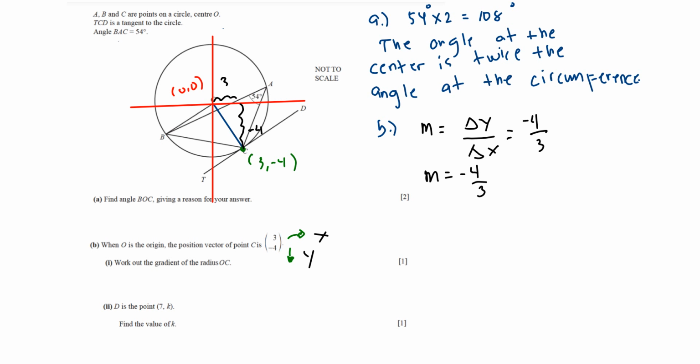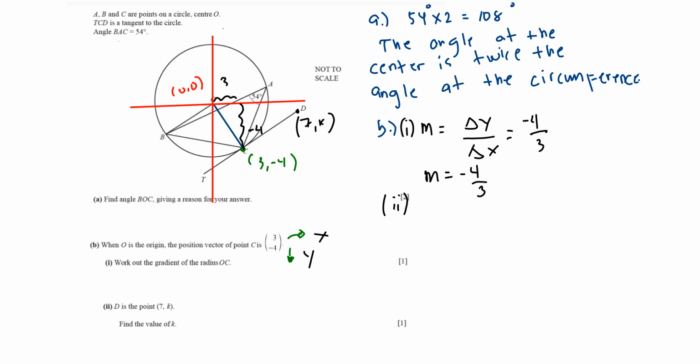Okay, so let's go to B2. This is the point (7, k). Find the value of k.